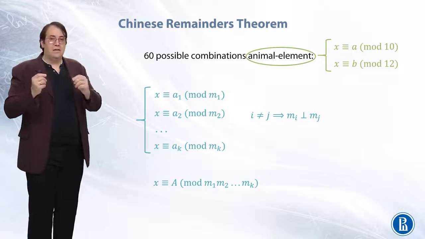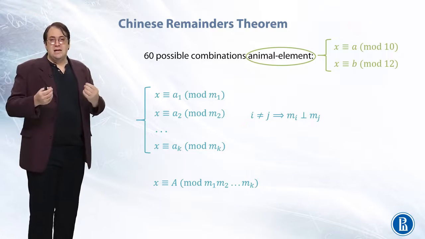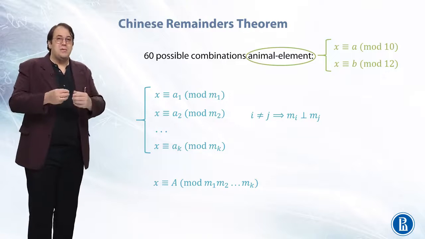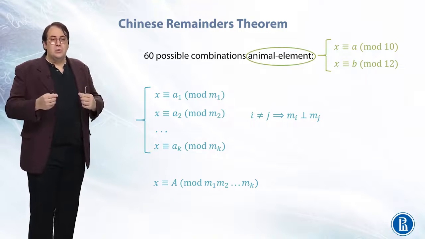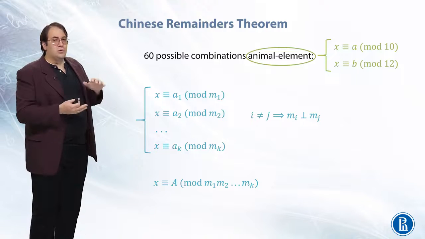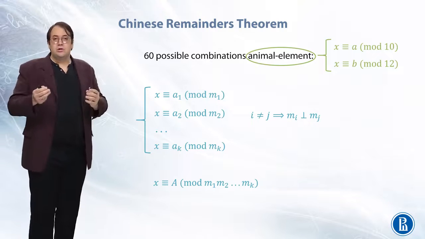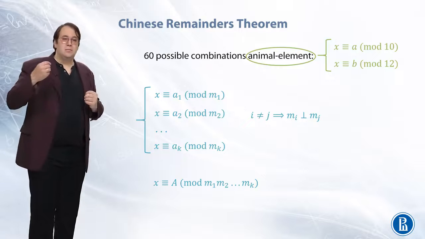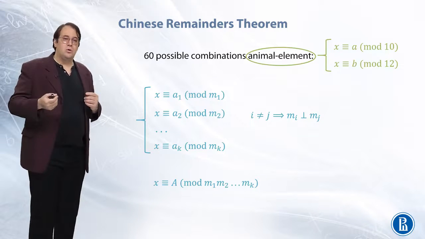And the meaning of this theorem for the Chinese zodiac is that each animal meets each element. So for each combination, there is a year that corresponds to this combination. So this system of congruences has a solution, and this solution is unique when considered modulo m1 multiplied by m2 multiplied by and so on.